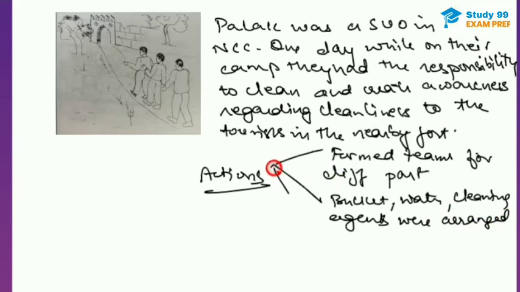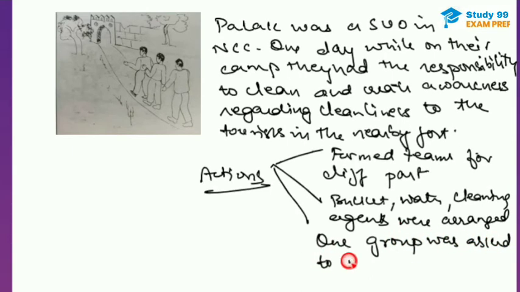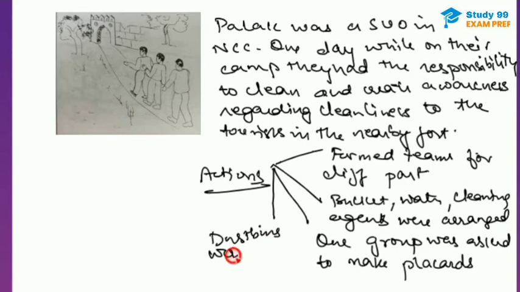Third, one group was asked to make placards. Dustbins were placed near eateries. Okay, these all things can also be done.